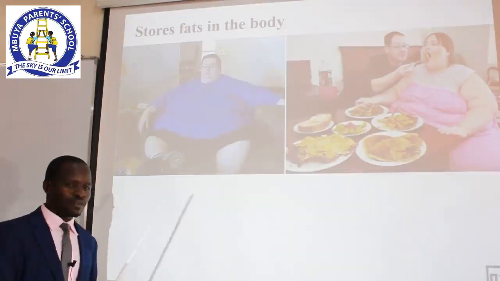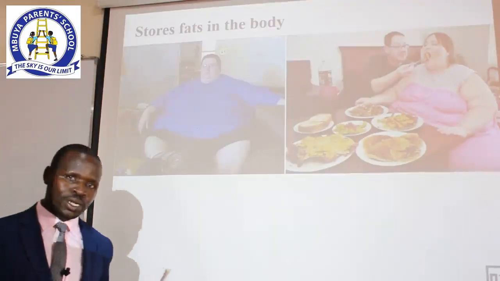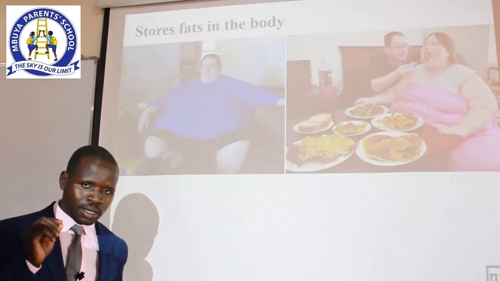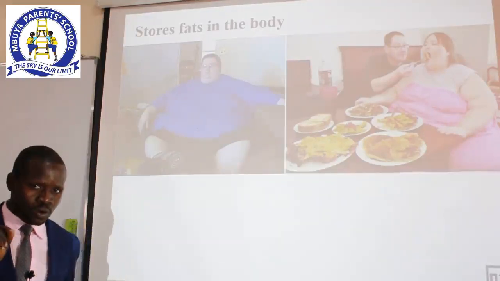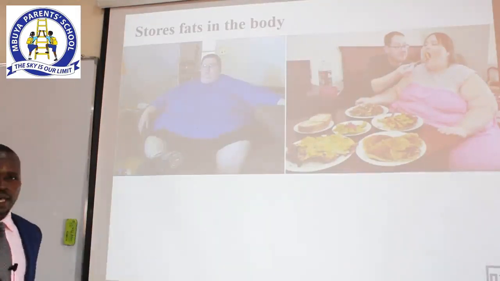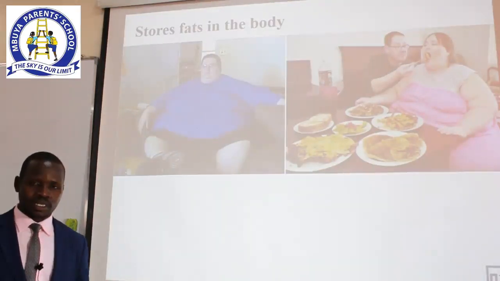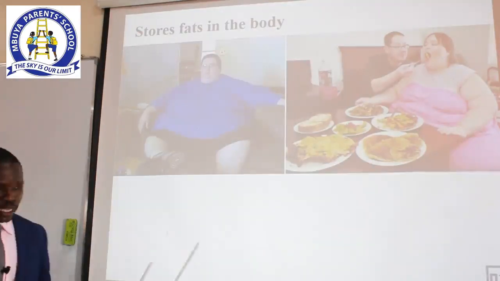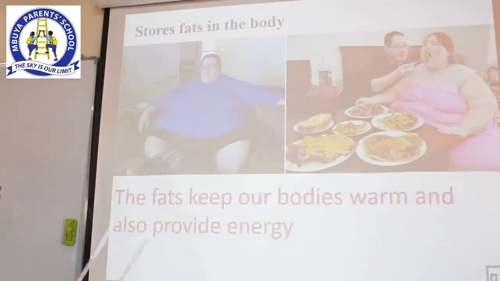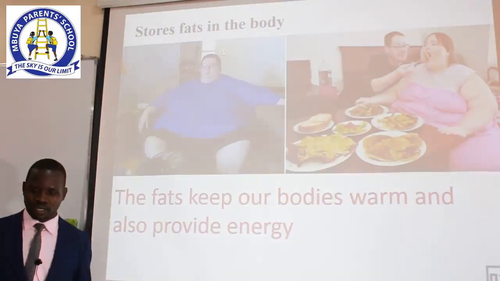One, the fats that are stored under the skin help to keep our bodies warm by preventing or reducing heat loss, especially during cold weather. Apart from that, these fats also can be used to produce energy in the body. Right? We said the fats help to keep the body warm and also provide energy to our body.